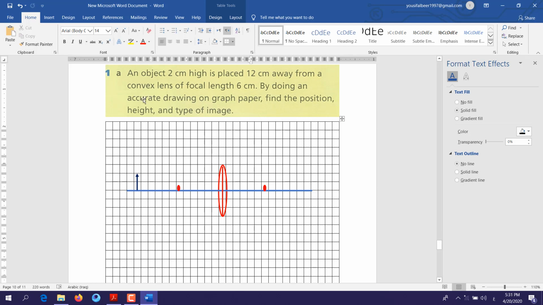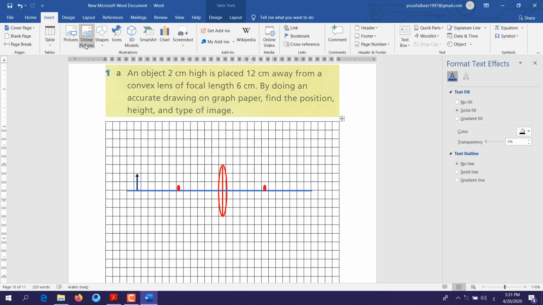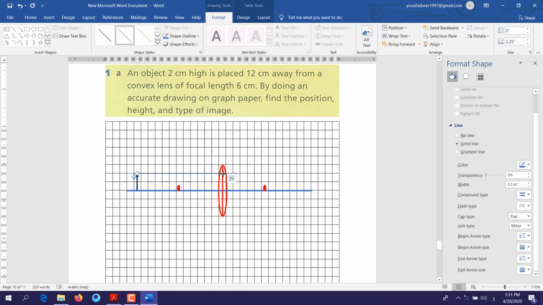Firstly, we will draw a parallel ray from the object. It passes through the center of the lens, okay, and then what will happen?